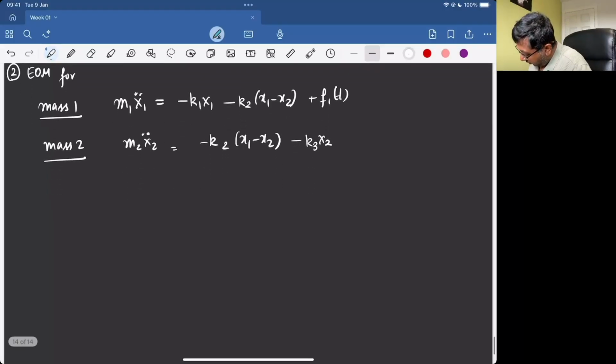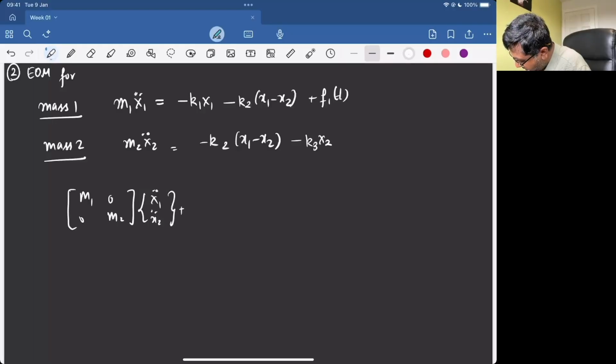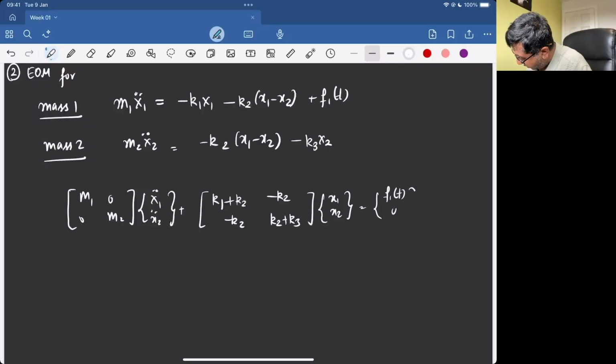Or if I want to rearrange this, I can rearrange this in some kind of a matrix form: the mass matrix times x1 double dot, x2 double dot, plus the matrix with k1 plus k2, minus k2, minus k2, k2 plus k3, times x1 and x2, is nothing but f1 of t and 0.